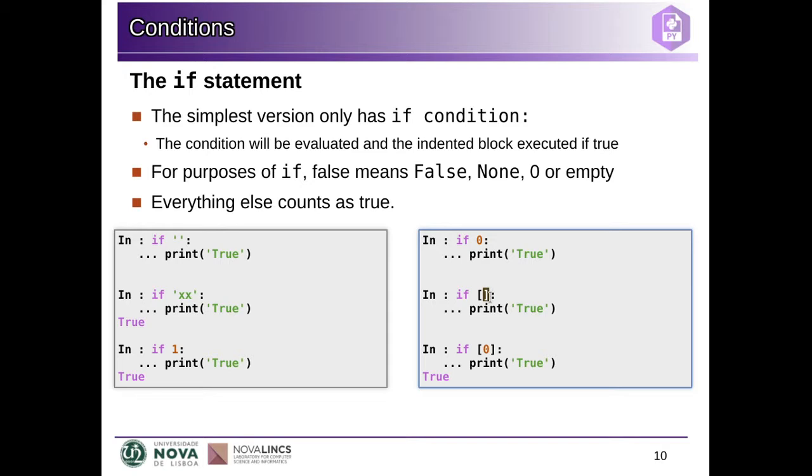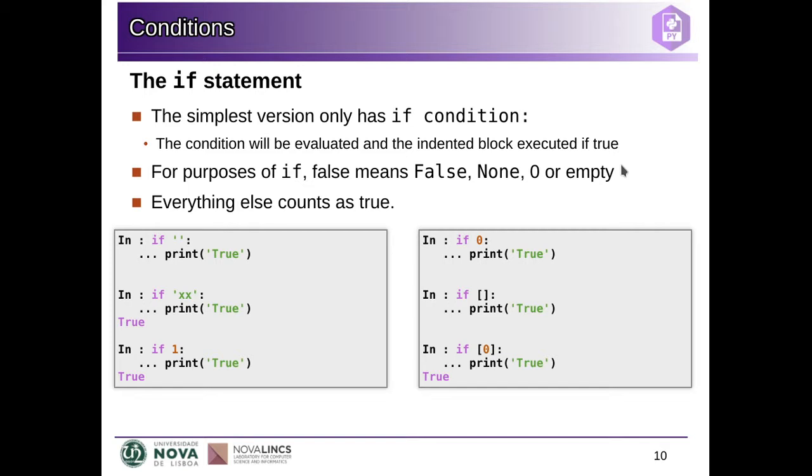The same goes for lists and so on. If you have an empty list, it counts as false, so this is not printed. But if the list is not empty, even if it has a 0 in it, it's not an empty list, so it counts as true. So false for the if statement is the actual object False, None, 0, or empty. All of these can be considered false in the if statement.